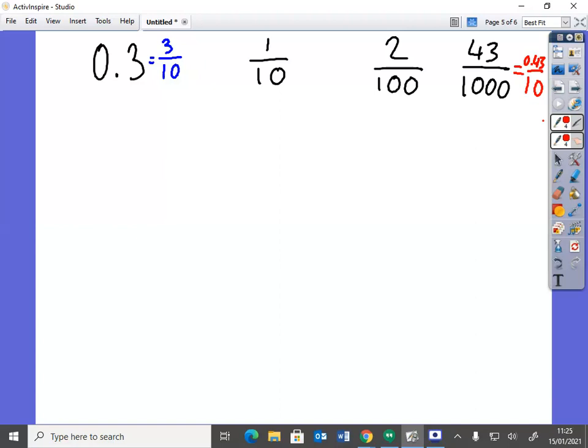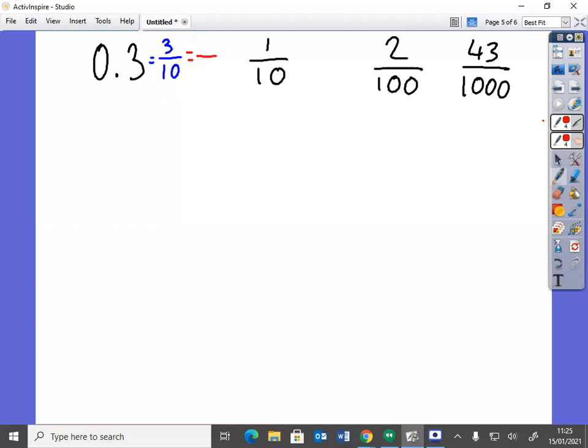When you're just working things out, it's not wrong to do that if it helps you understand, but it gets very, very messy and very, very complicated. So the easiest thing to do is just try and convert them all into thousandths, into whatever the biggest denominator is. So let's have a go at that.